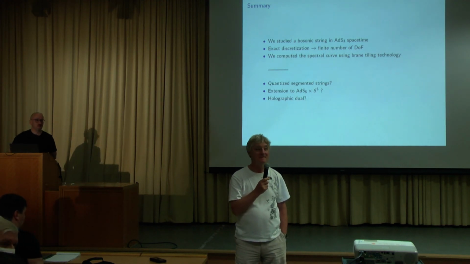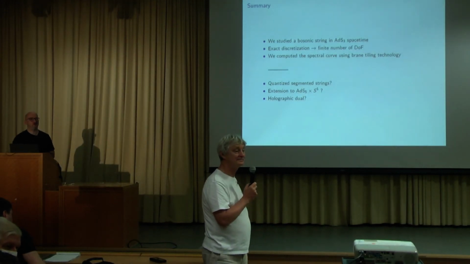Hello. Thanks for the nice talk. Can you have a version of this for string on S3 rather than on AdS3? S3. Yes. Excellent question. I tried to do that. I failed. I suspect it should work in some ways, but I don't yet know how.